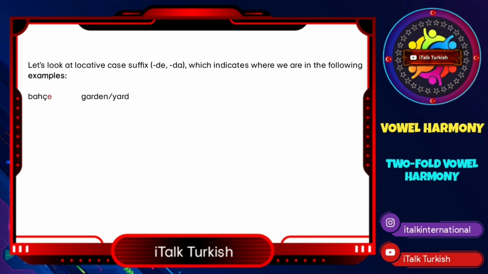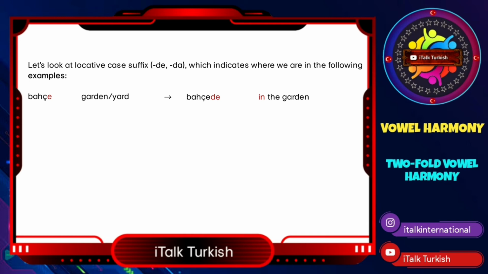Bahçe, garden. To make it locative case, that is to say, in the garden, we have to say bahçede. Because the last vowel of bahçe is e. Isn't it?